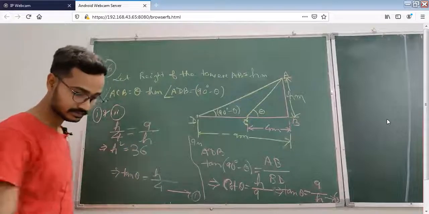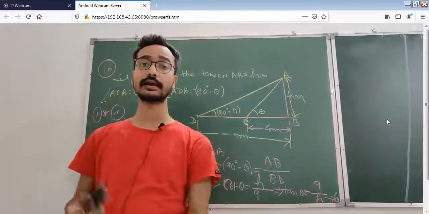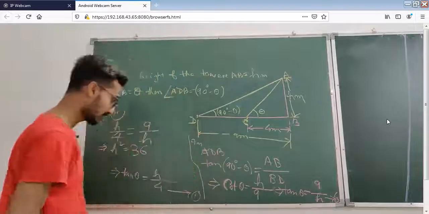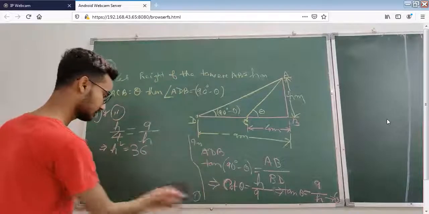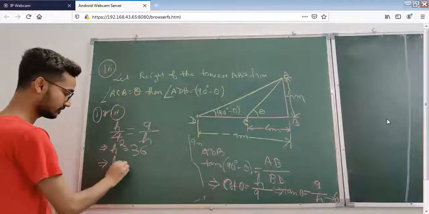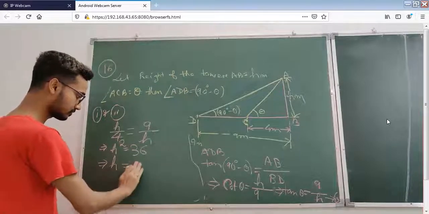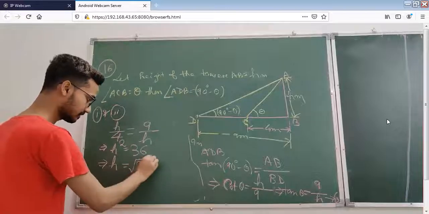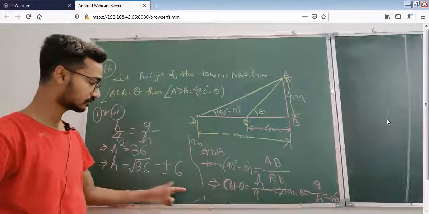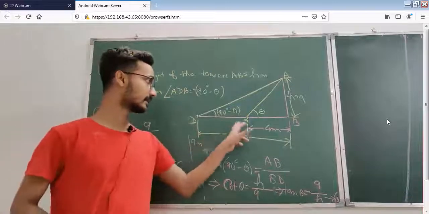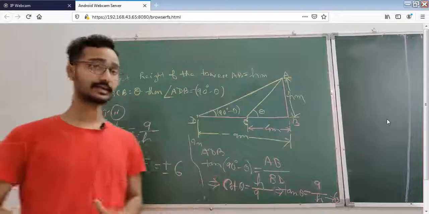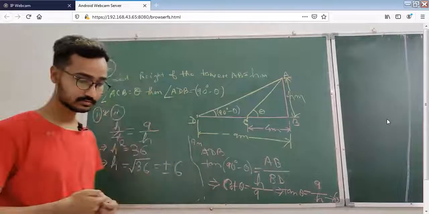Now see, if h square is 36, then your h will be how much? What is the square root of 36? Square root of 36 is plus minus 6. So h will be root over 36, and root over 36 is nothing but plus minus 6. Now we get two values, but since AB is a distance, and distance cannot be negative, we have to take the positive value.